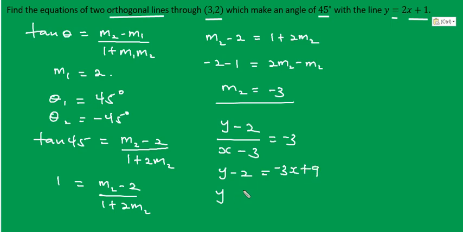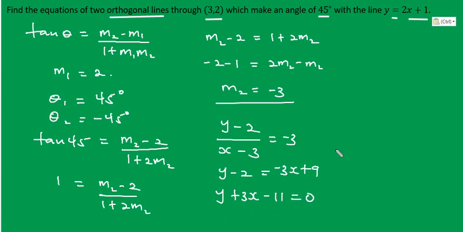So this will be y plus 3x, then minus 2, bring negative 9 here, we get minus 11 equal to 0.